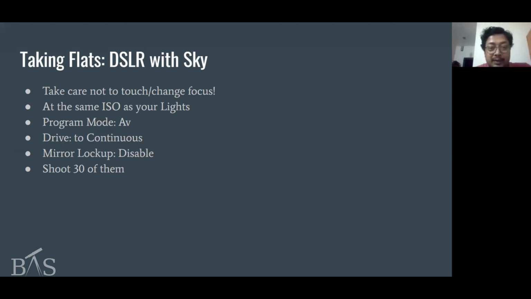Only then you want to change. No, sorry, AV is probably required. Sorry, AV is still required for APT because you want the camera to decide the flat exposure durations. Drive to continuous is not required if you're using software to take it. Okay, all right.